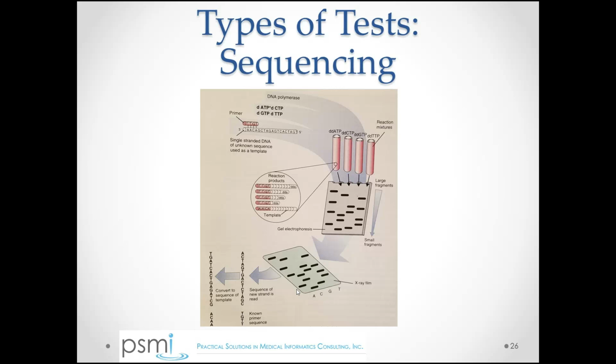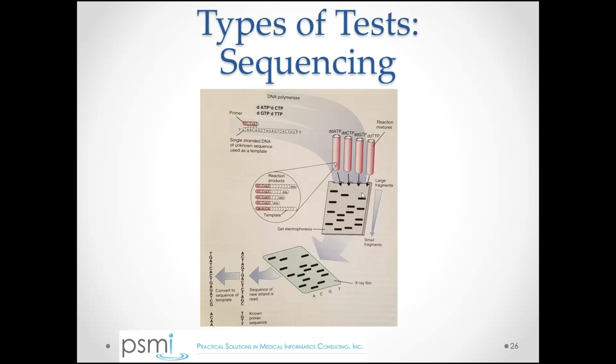So the basis of DNA sequencing is reading by writing, or the application of these chain terminating dideoxynucleotides. And in this particular case, they're running 4 separate reactions.